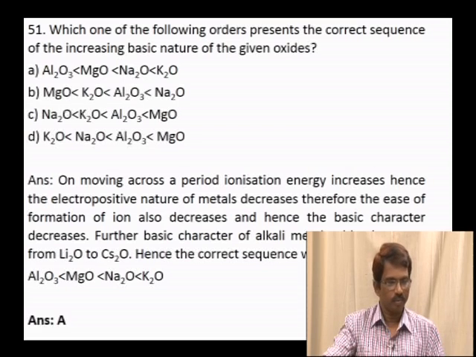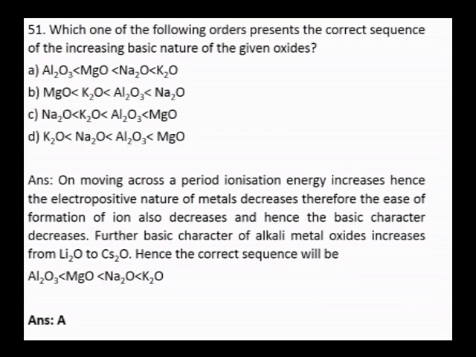Question number 51. Which of the following orders presents the correct sequence of increasing basic nature of given oxides? The oxides which are given are Al2O3, MgO, Na2O, and then K2O. So you find the alkali metal oxides, alkaline earth metal oxides, as well as the aluminum oxide in the options.